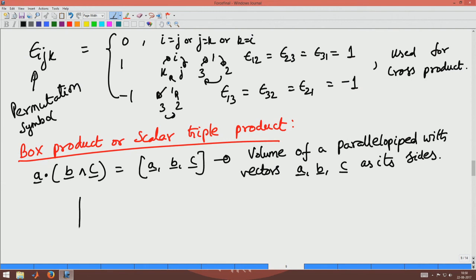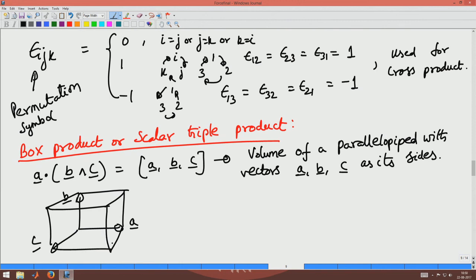So, basically if I have A vector, B vector and a C vector, I form a parallelepiped which is this, and the volume contained in this parallelepiped is what this scalar triple product gives us.